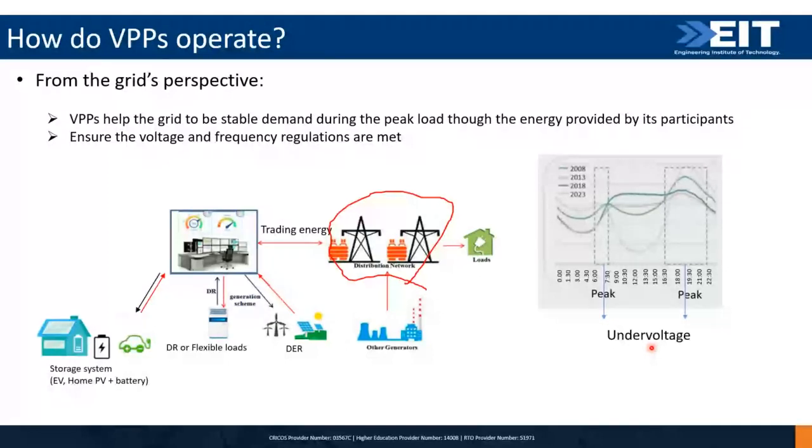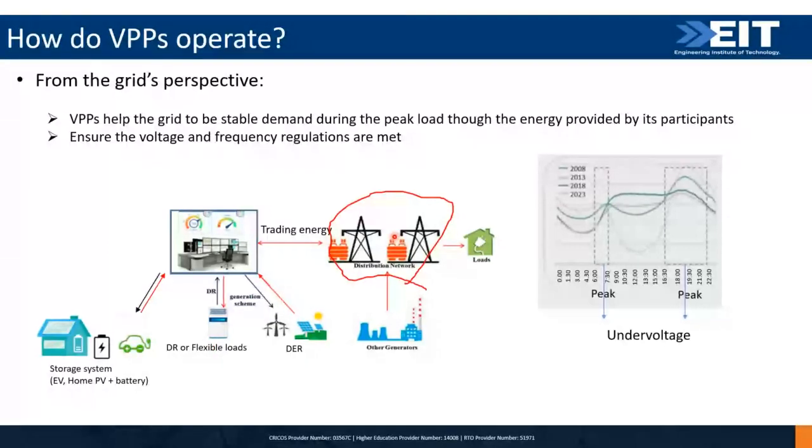So what does the VPP do in this situation? First of all, when there is an under voltage situation, the VPP operator shuts down the flexible loads to reduce the peak load, to relieve this peak. And also, if the demand is still high, then the VPP sends power from these small systems, from these assets, to the grid.